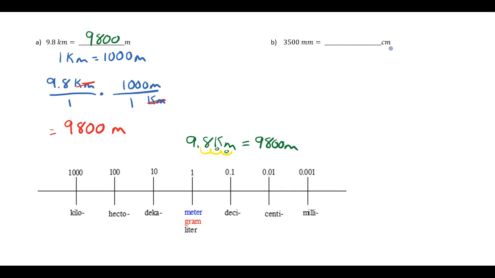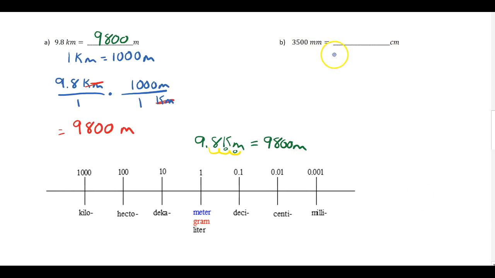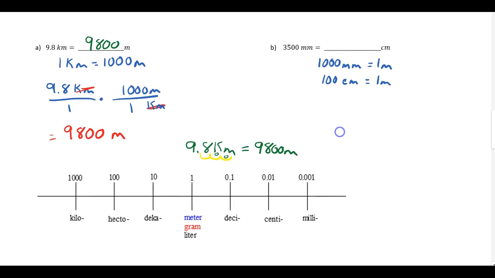Because if you'll notice, I can have 1,000 millimeters is equal to 1 meter, and then 100 centimeters is equal to 1 meter. I don't have it to where I can go straight from millimeters into centimeters.